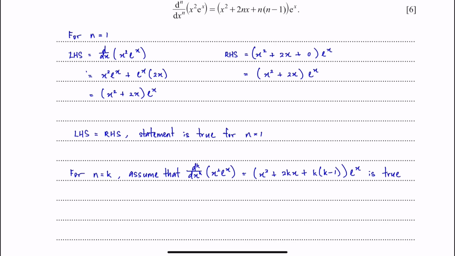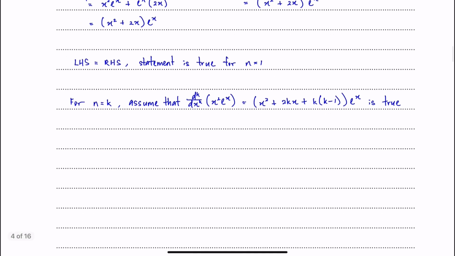So for the third part, which is for n equals to k plus 1, we verify that the statement is true. But for now, we have to sub k plus 1 into n instead.